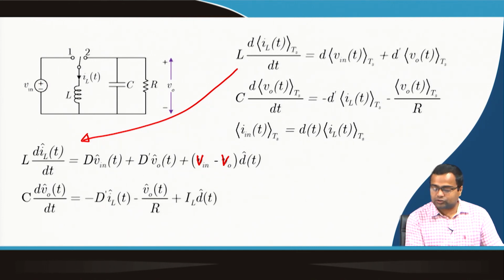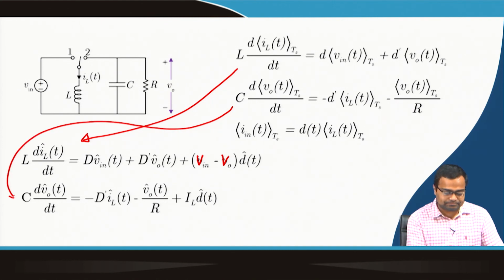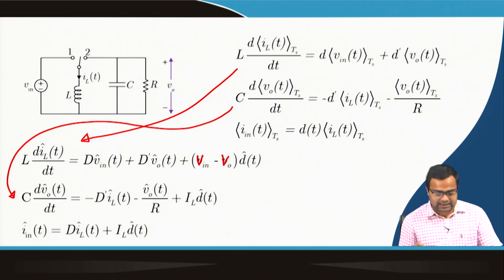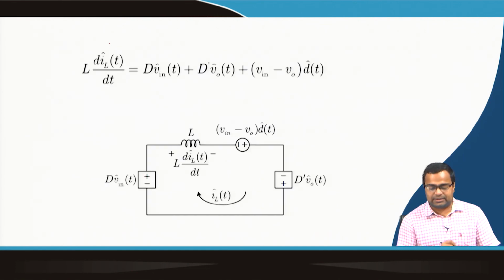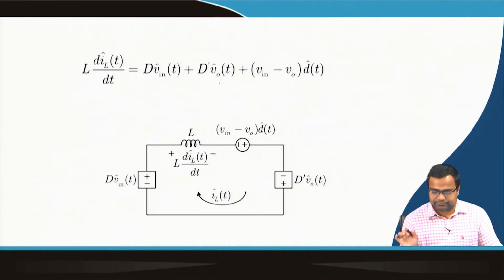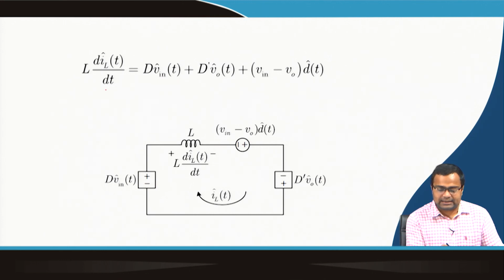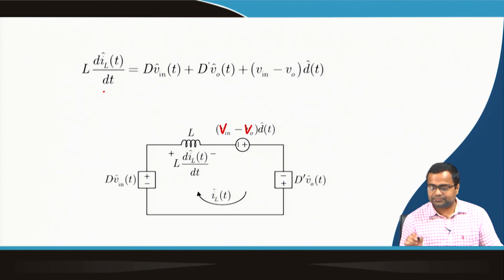So with this we can also obtain the capacitor current dynamics here, which is C dV0/dt, the perturbation part of capacitor current dynamics, and also the perturbation part of input current dynamics. And next, if we consider the inductor perturbation dynamics, we can draw the equivalent circuit.